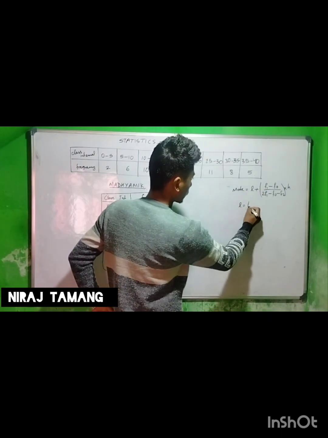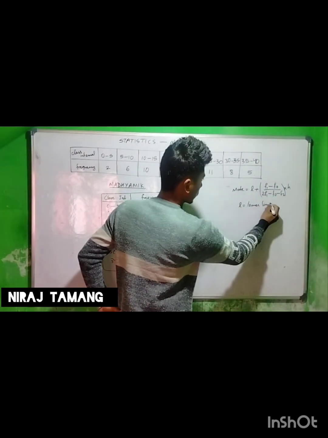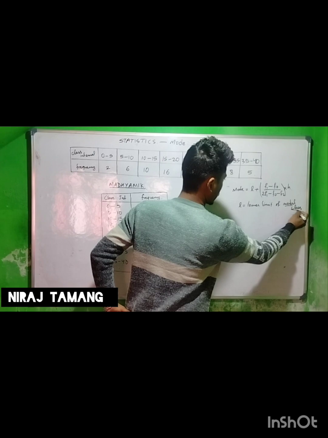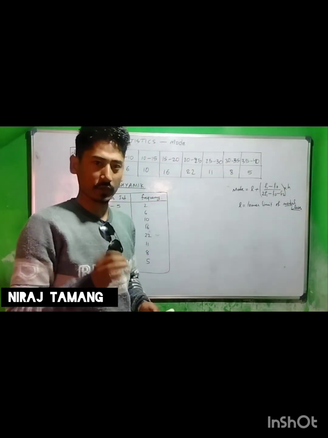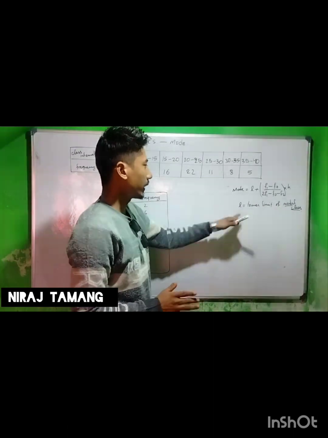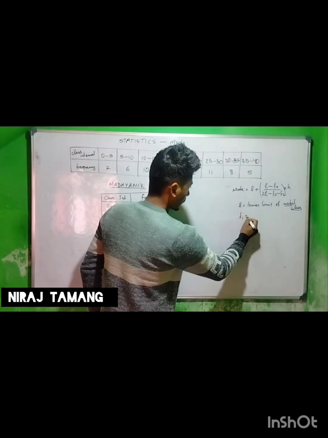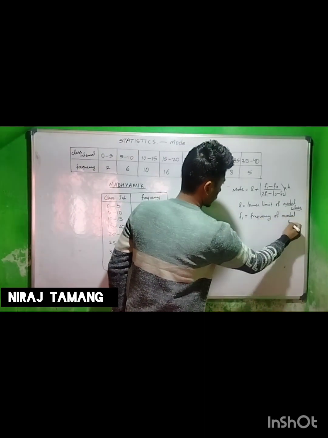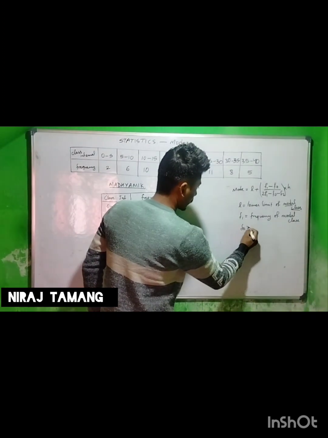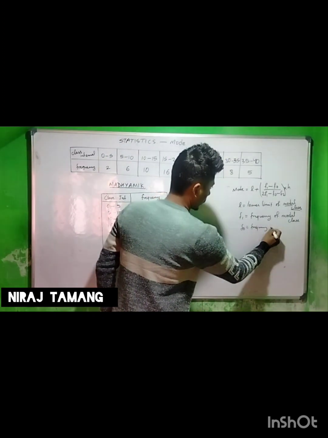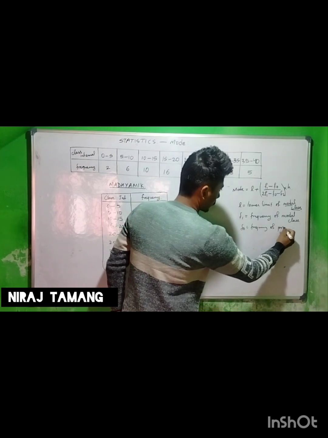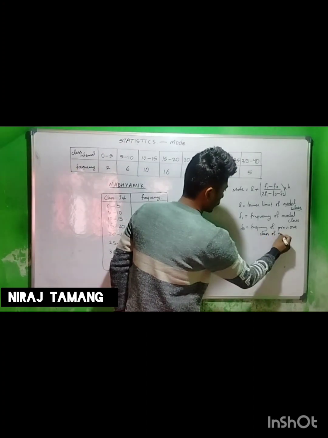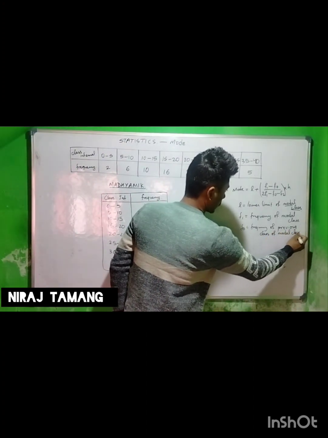L is the lower limit of the modal class. Here is a new word, modal class. That means we first have to identify the modal class, then we'll get L. F1 is the frequency of the modal class. F0 is the frequency of the previous class of the modal class, the preceding frequency.